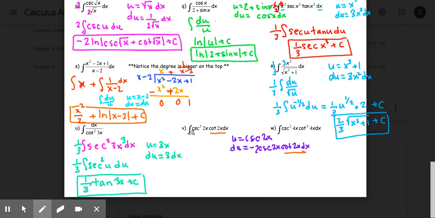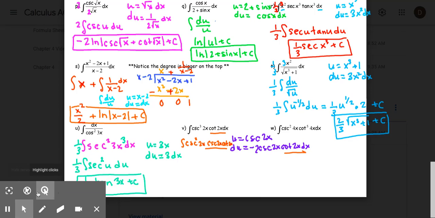You have 3 of them. So what you're going to do is borrow one, and make this cosecant squared 2x. And then you're going to write the other cosecant, I'm going to run out of room, right next to the cotangent. So basically your du is right here, but you still need to put in the -2. So that's no problem. I'm going to put in the -2.